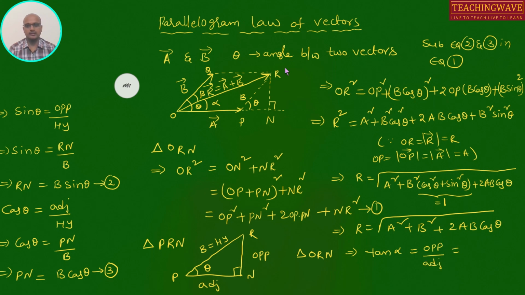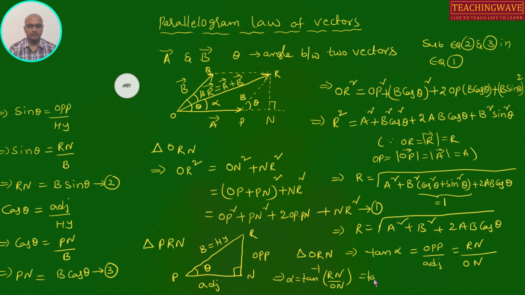Opposite side is RN, adjacent side is ON. That implies alpha is equivalent to tan inverse of RN by ON.